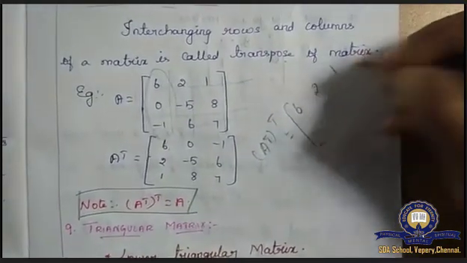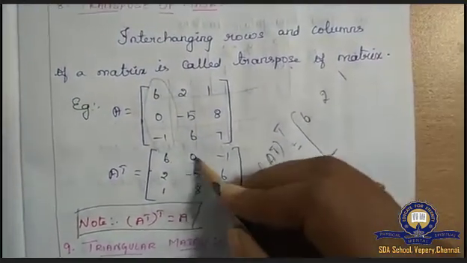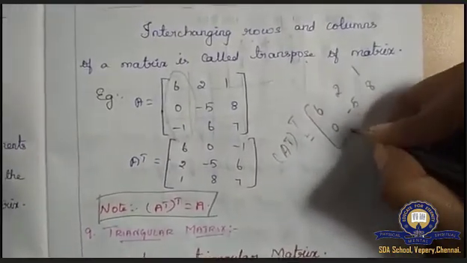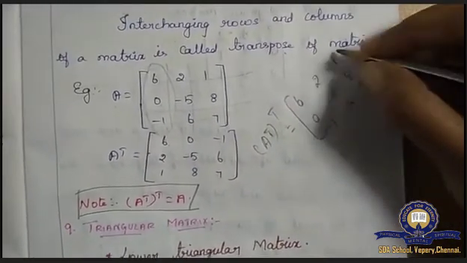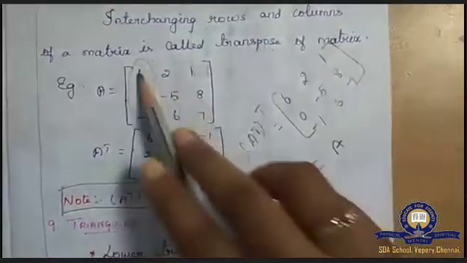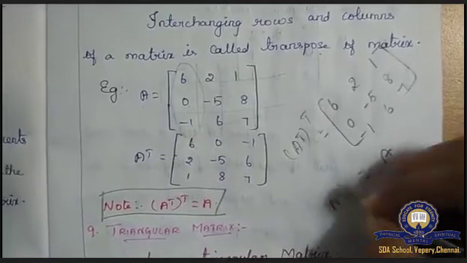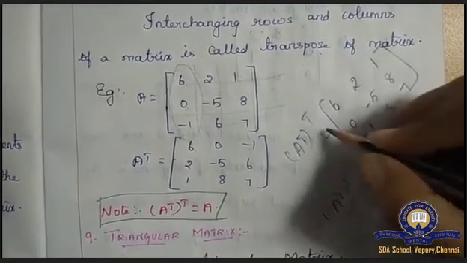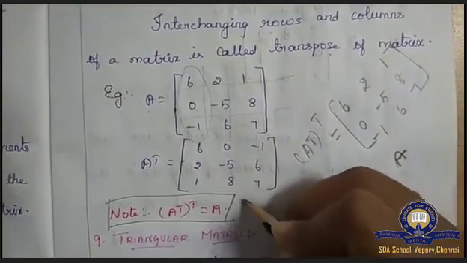I am going to change it as a column. What will happen? 6 to 1. And here 0, minus 5, 8, minus 1, 6, 7. Now see, we are getting the same matrix, right? 6, 2, 1. So the condition is satisfied, A transpose, the whole transpose is equal to A. This is one important 1 mark question, children.